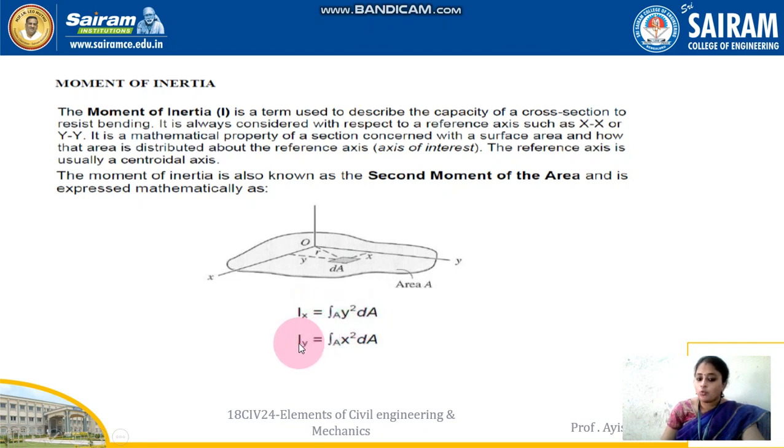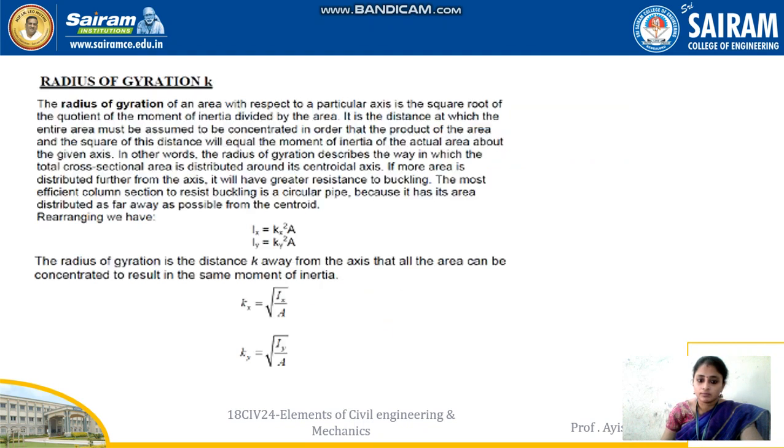And for y, if you take moment with respect to y, the area into the perpendicular distance will be x, so you will get the integral of x square dA. Consider the force as this dA area and the distance as this x and y distance. When you multiply force into distance square, it is called moment of inertia, also called the second moment of area.